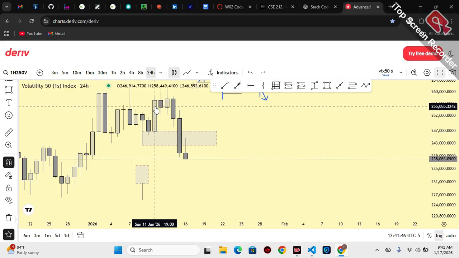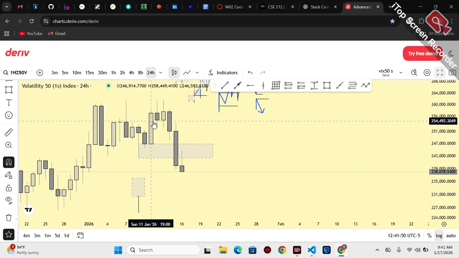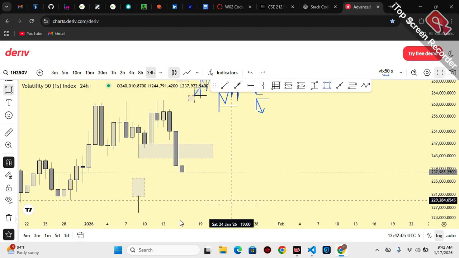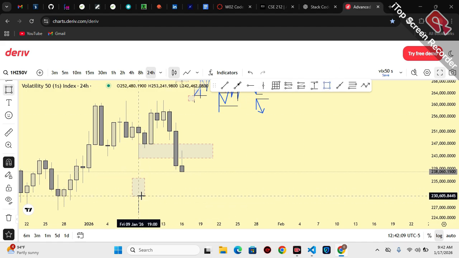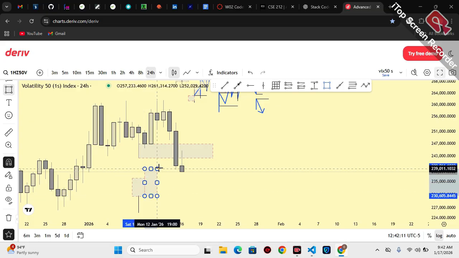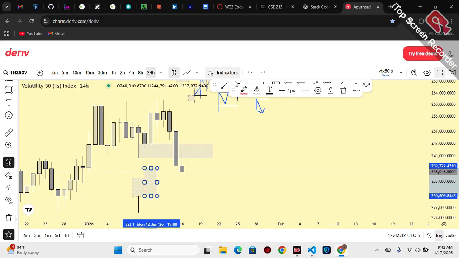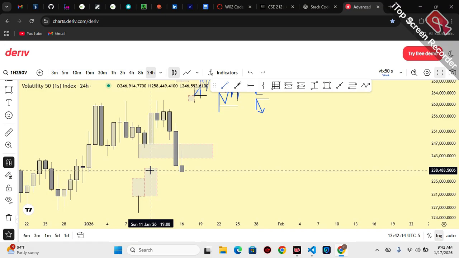See where we stopped, and then you see the rejection. We stop right here, open, close, right there. So it's going to be from here, then with one long wick.